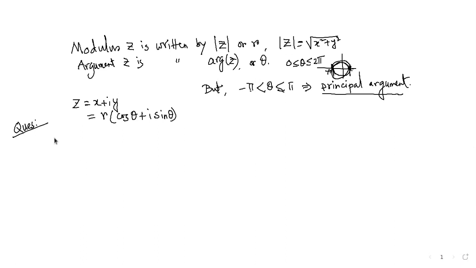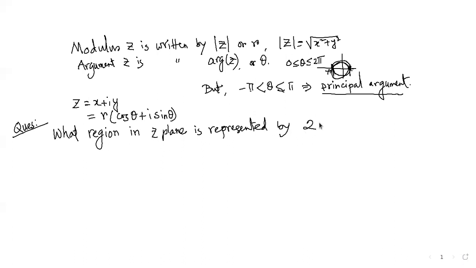Now I would like to discuss a question. What region in the z-plane is represented by 2 less than |z minus 4 minus 5i| less than 3?